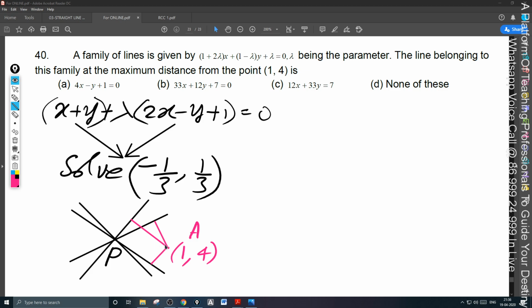Let me draw one more line for this problem, to have a clear idea, let me draw another line from A.